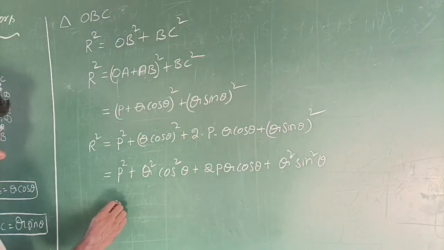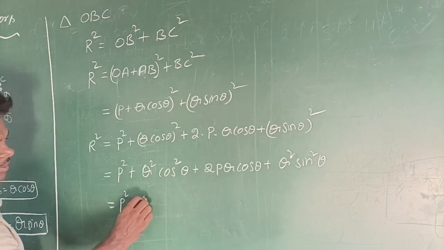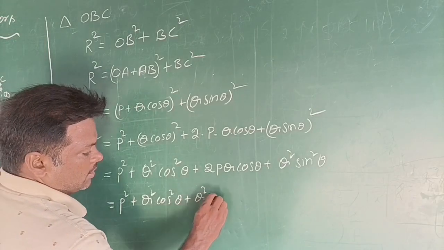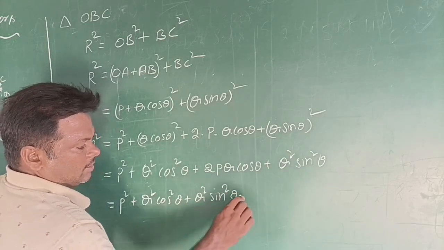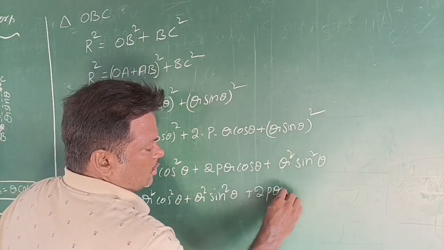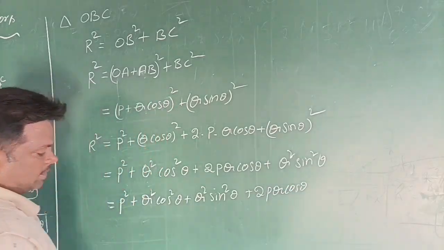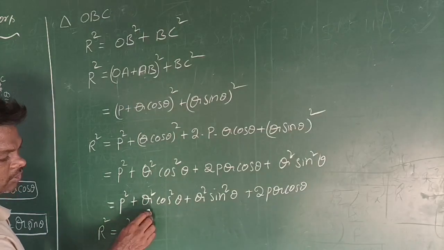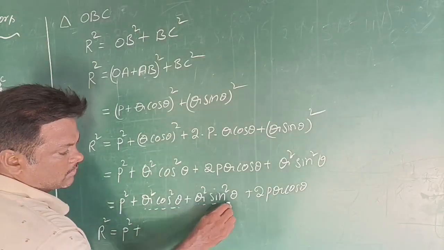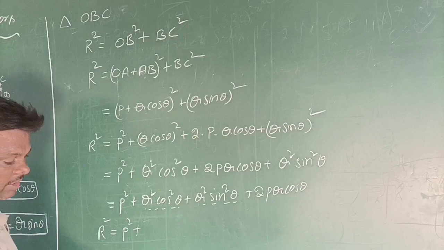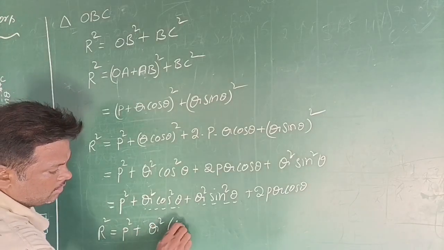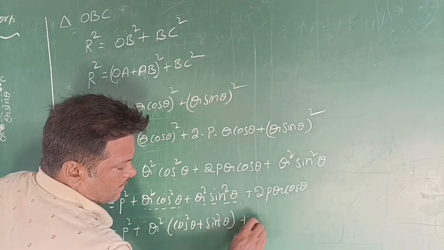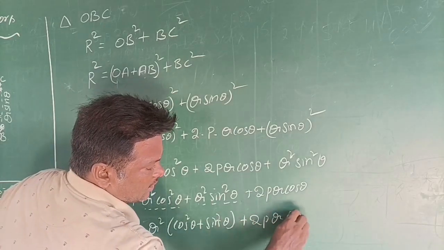Now I will write similar terms near each other: Q square cos square theta plus Q square sin square theta plus 2PQ cos theta. Observe this. R square is equal to P square plus Q square cos square theta plus Q square sin square theta plus 2PQ cos theta. So you can take Q square as common: Q square times cos square theta plus sin square theta, plus 2PQ cos theta.